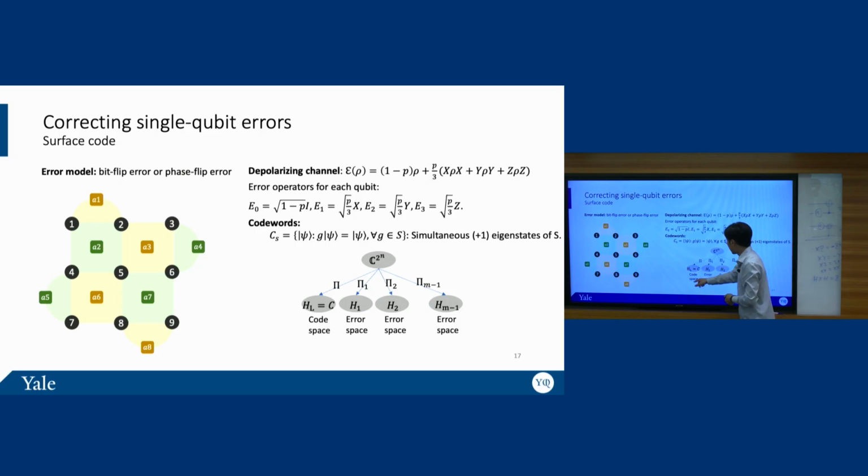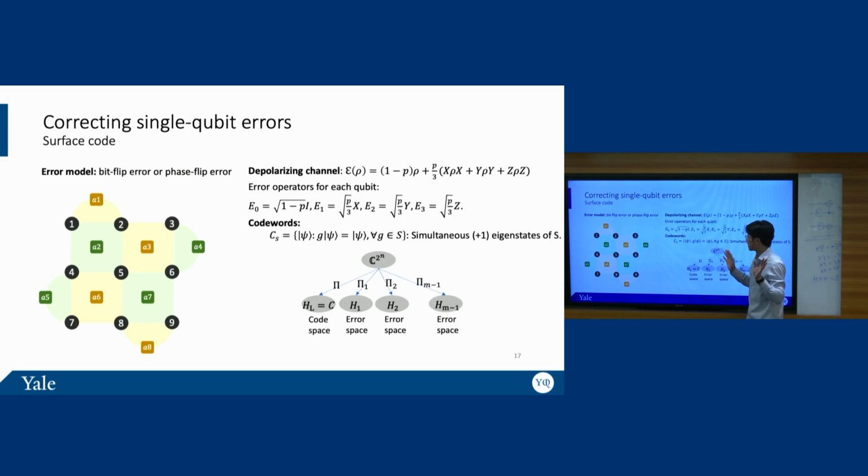And because of the syndrome measurement projection, and depending on the +1 or -1 measurement results that show up in all these stabilizers, I can now classify subspaces that are +1 or -1 eigenstates of each stabilizer. Okay, so I can do this simple classification, and if all the stabilizers show up +1, I know I'm in the no error case.